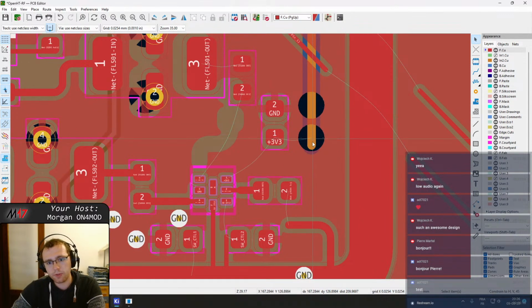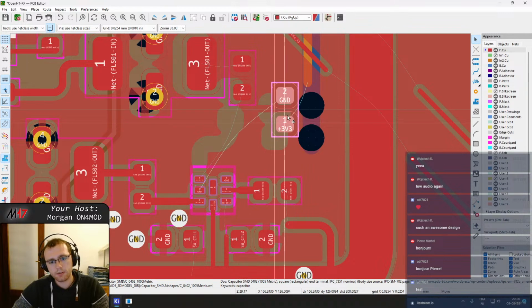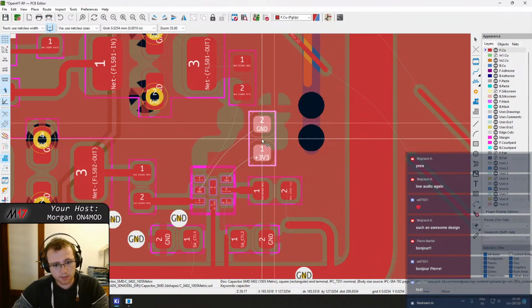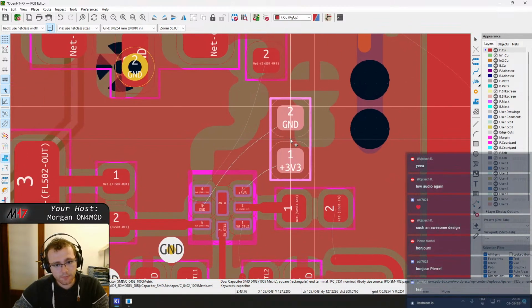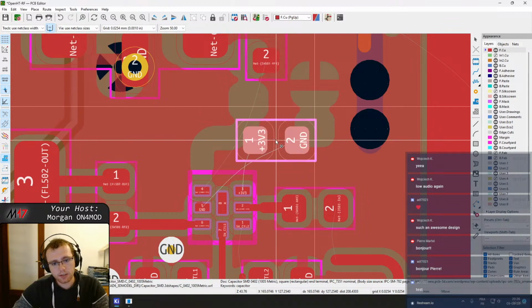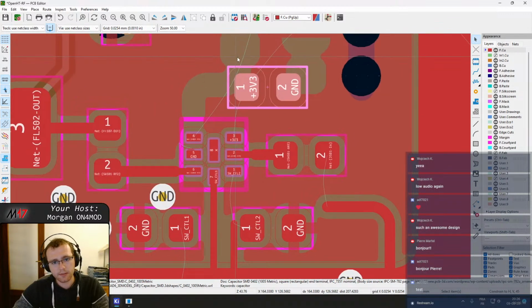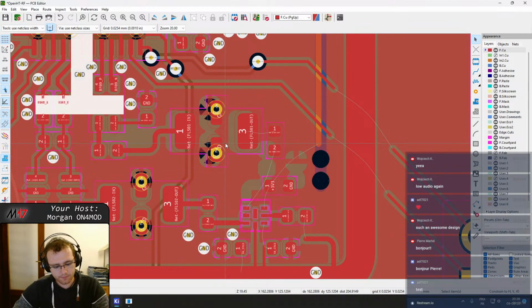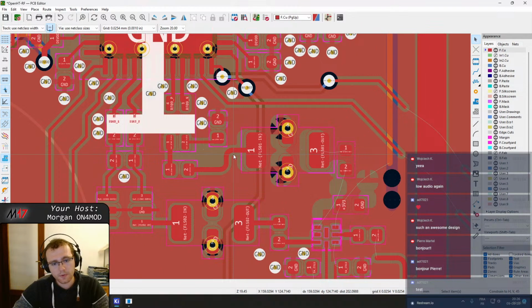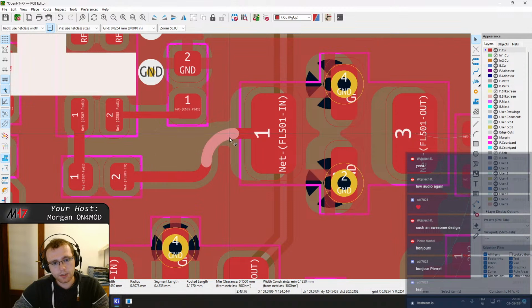I'm gonna remove that. And this should be placed like here, would be nice. Yeah, not really.